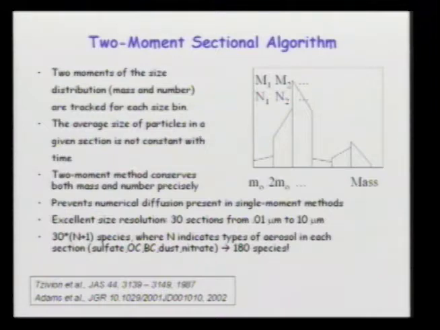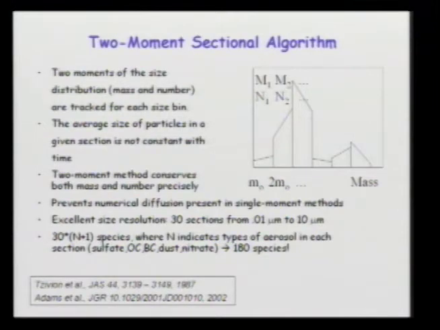And then at the far end of the spectrum of complexity that people are considering are the kind of models which were developed by John Seinfeld and his students and postdocs. I'm showing you here a framework that was developed by Peter Adams. It's called a two-moment sectional algorithm, where you essentially divide the spectrum up again into a number of categories and then represent a couple of pieces of information within each category.